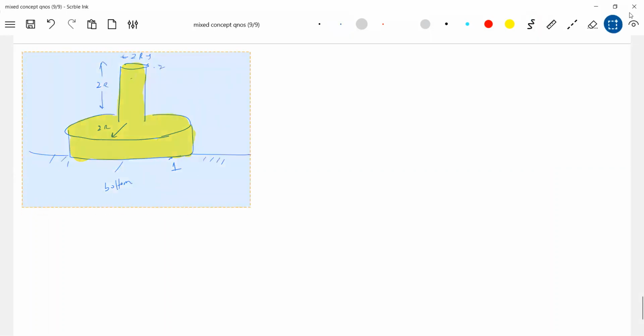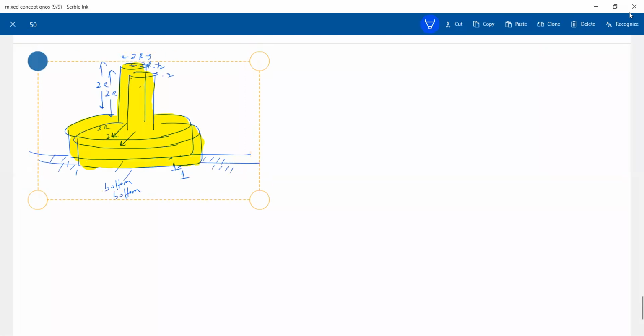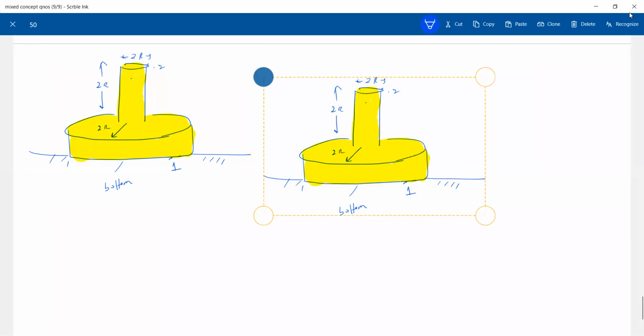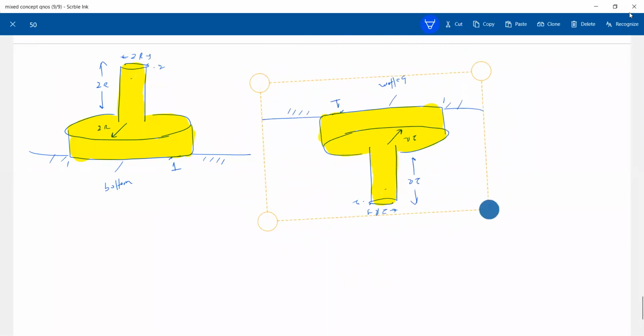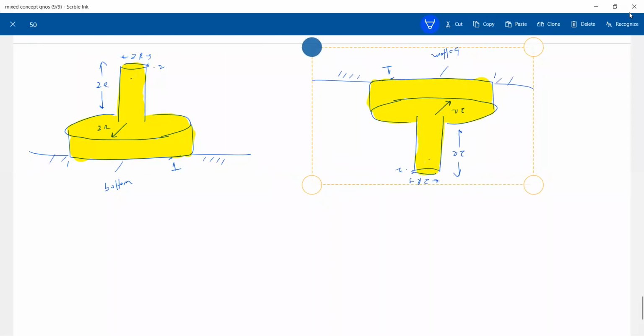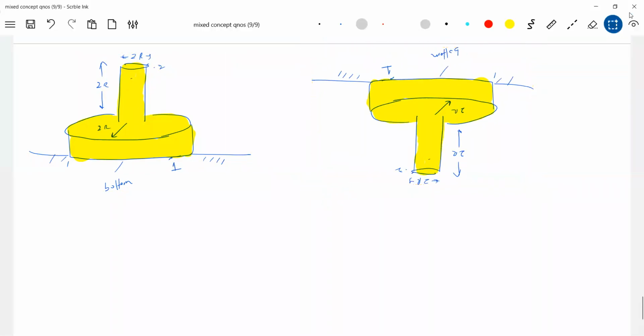Let me invert it. So I'm going to place this on.